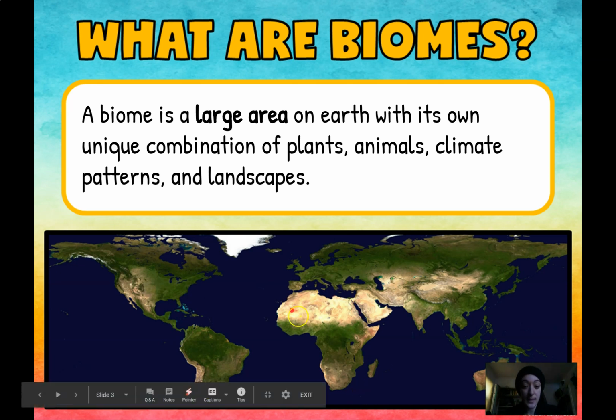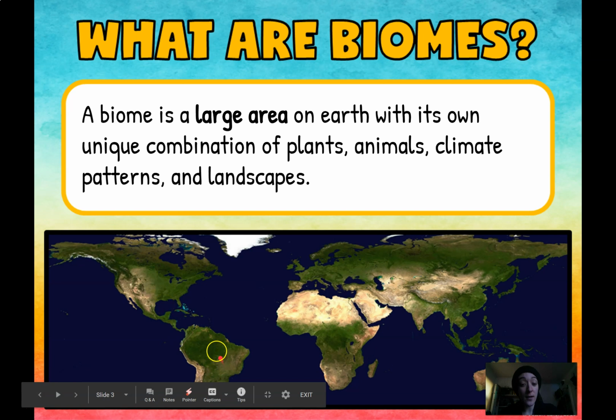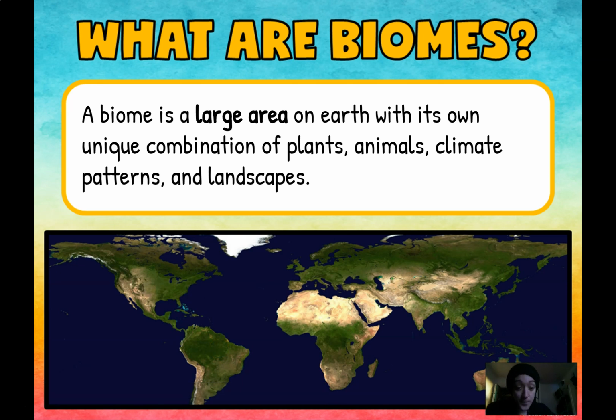So here you can see the deserts, and that looks very different from the forests up in Europe, and that looks different from the tundra up here in Greenland, which looks different from the plains over here in the United States. And you can tell a lot, even from space, of the different types of vegetation and the different amounts of rainfall, and what the landscape looks like, even just by looking at the colors from space. So a biome is really a very, very big area.